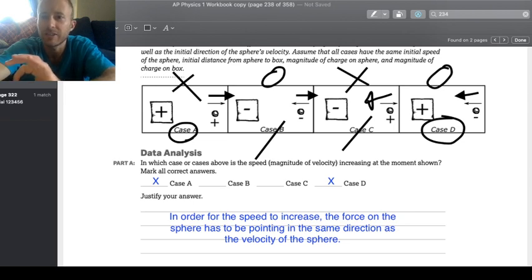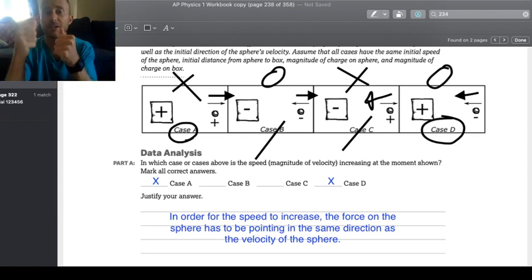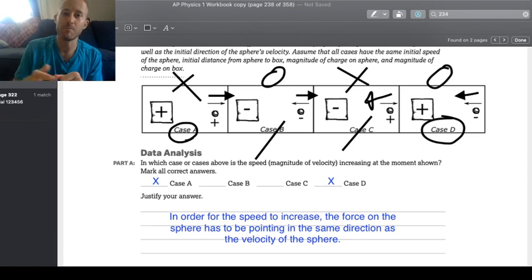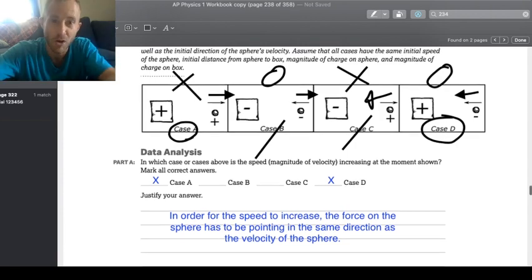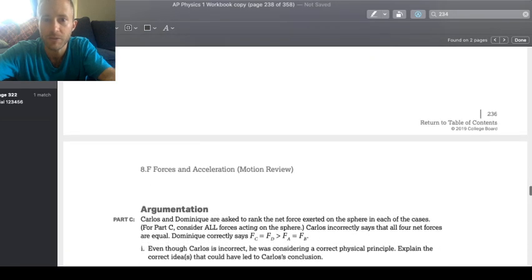That would be cases C and D, because cases C and D have electrical attraction in addition to gravitational attraction, so those two forces are combining to make an even bigger force. If we look at cases A and B, the force is repulsive, but gravity is attractive, so those two forces are canceling each other out, which makes a smaller net force. So C and D are going to have bigger net forces.